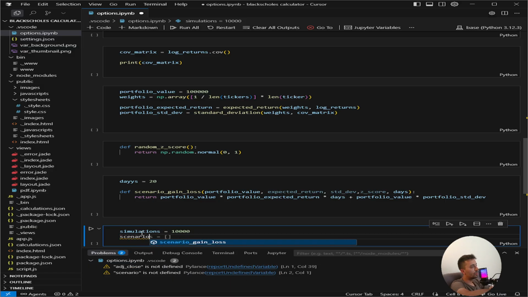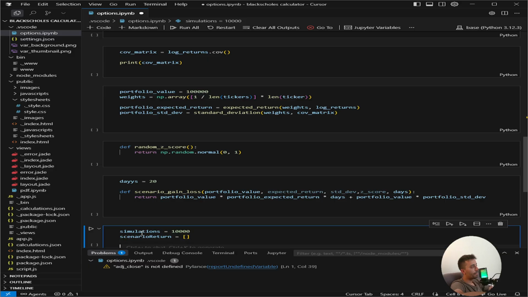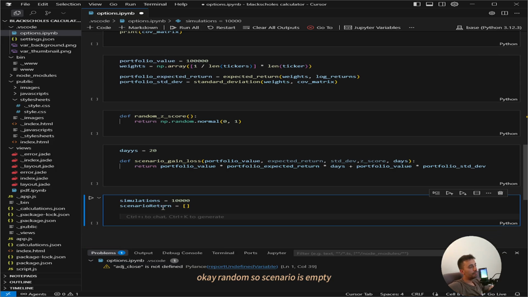Scenario return is empty, guys. Okay, return is empty because this is historical, and the simulation must be in this score and random. So scenario is empty.